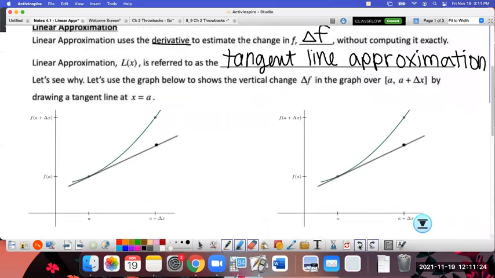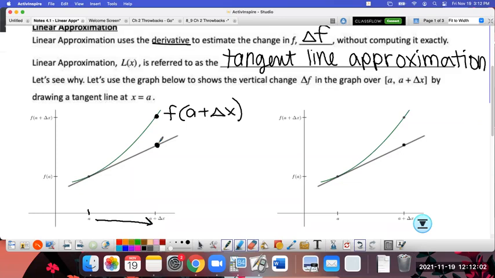So I have two graphs here because not only are we going to be using the tangent line to approximate the change in the outputs, we are also going to be using it to approximate outputs themselves. So in this first visual, I want to talk about that aspect of it. So right here, that is my actual f of a plus delta x, which I should probably explain really quick. A, we're taking the tangent line at A, and we're going to go a small distance x away, and that would make our next coordinate a plus delta x.